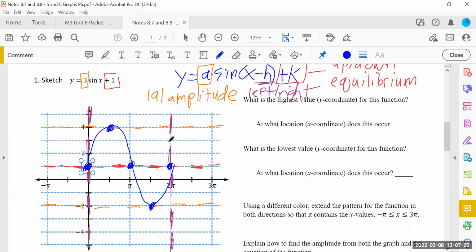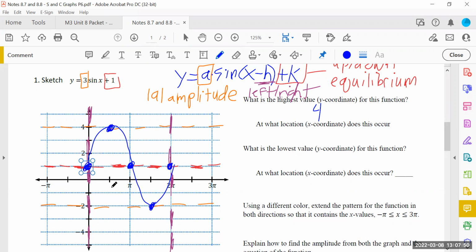Now let's answer a few quick questions. What's the highest value on this graph? 4. Where does that happen? What's the x coordinate for that? So here's the highest point.